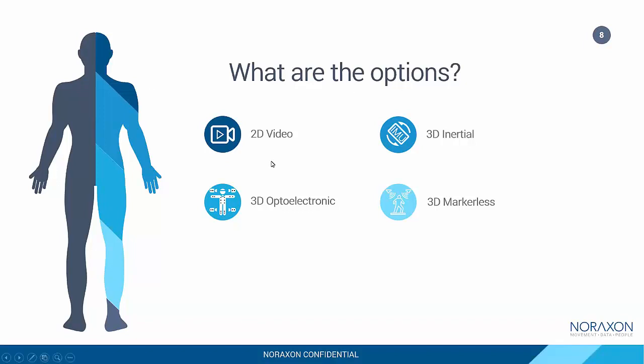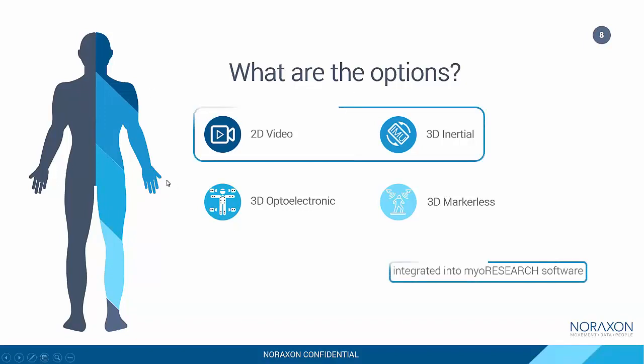Considering that Noraxon has options for two-dimensional video and 3D inertial sensing, I'm going to continue to focus on those as we move into our examples later on in this presentation. But regardless, the benefits and the limitations that we discuss overall are going to apply to all four of these modalities.